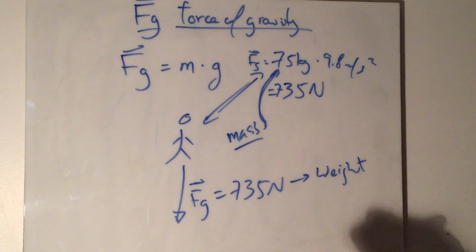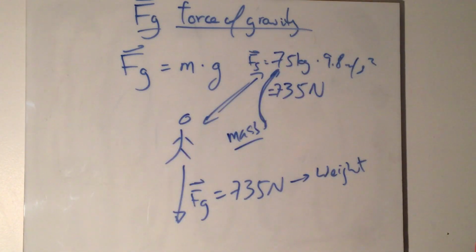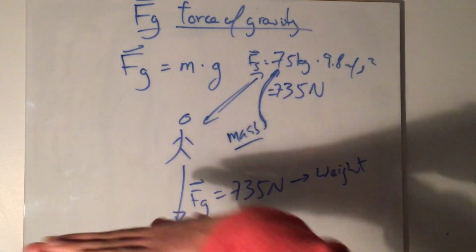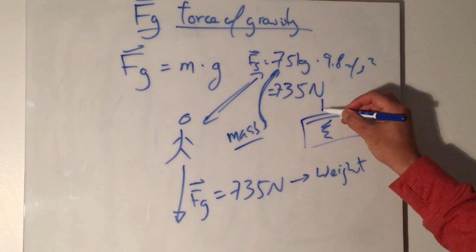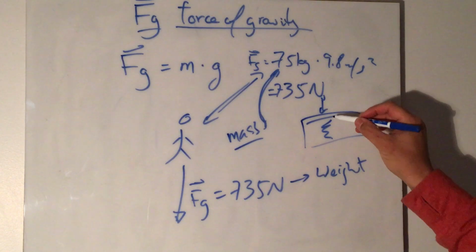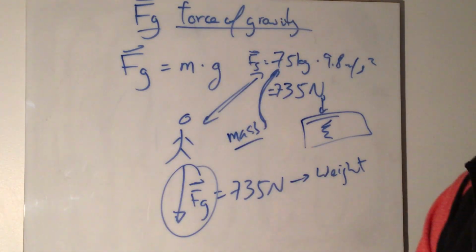Because what the scale is showing you is the amount the spring is compressing. Remember we talked about that before? The spring is compressing when you step on it, and therefore it is measuring this. Okay, so it is measuring gravitational force upon you when you step on that scale. It is not measuring a balance. It's not measuring your mass. Okay.